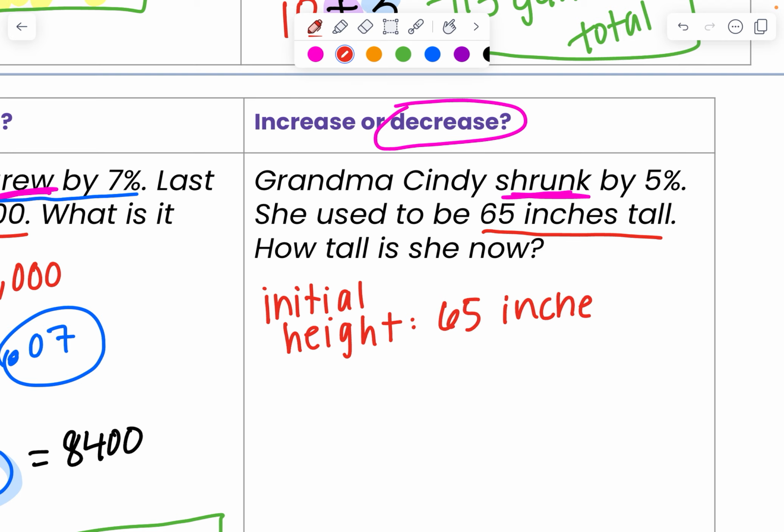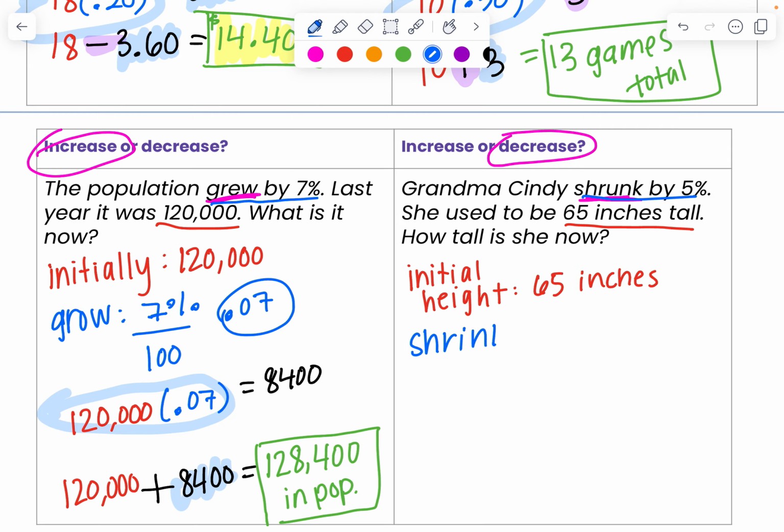Then I know that she had a rate of shrinking, right? So I know that she shrunk by 5%. And I need to get that as a decimal equivalent. So I do the part divided by the whole. The whole is 100. And that gives me 0.05 as my decimal, which is what I'm going to use.